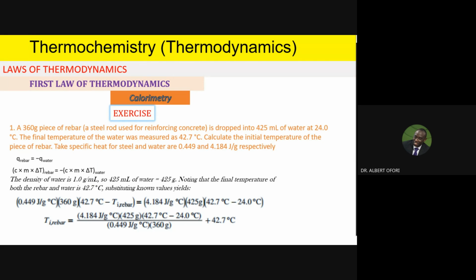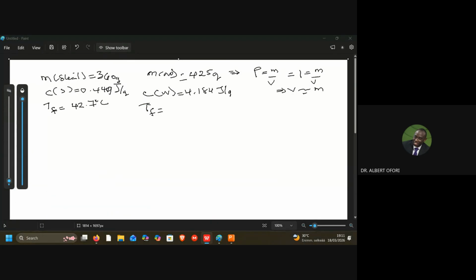So what then becomes my initial temperature? I'm just making T1 the subject, which I've tried to do here on the board. I was just trying to put the information across.